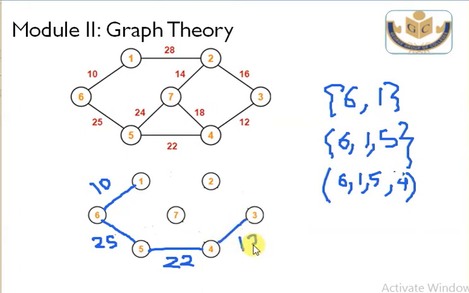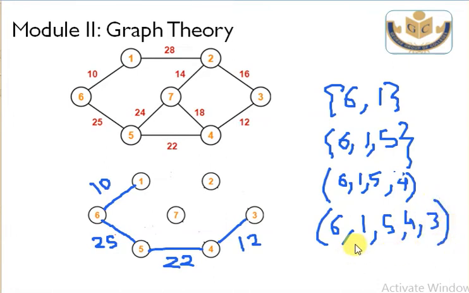This one is 12. Now 6, 1, 5, 4, and the new vertex 3. From all these vertices, where can you go? Correct. So from 4 I can go to 7, the weight is 18. And from 3 I can go to 2, that is 16.